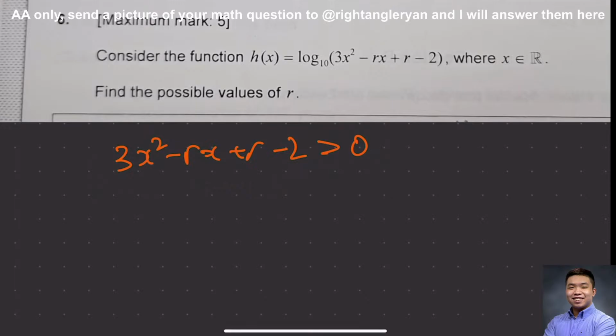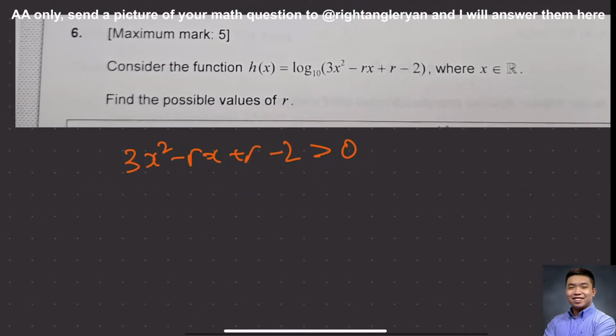This is paper 2, okay? So if this is paper 2, I mean, it doesn't really change anything. I still want this to be bigger than 0. Find the possible values of r. Consider the function this, where x is any real number. Find the possible values of r.